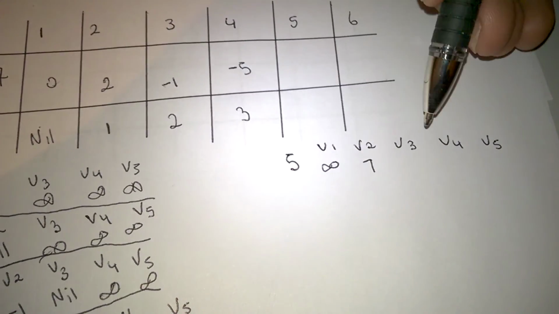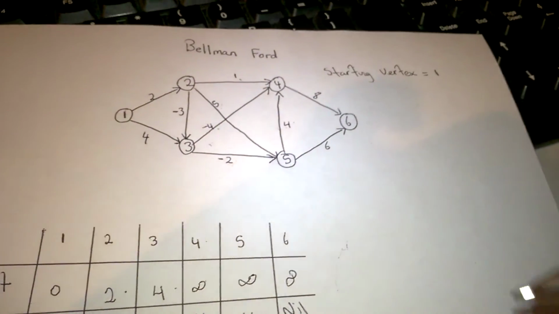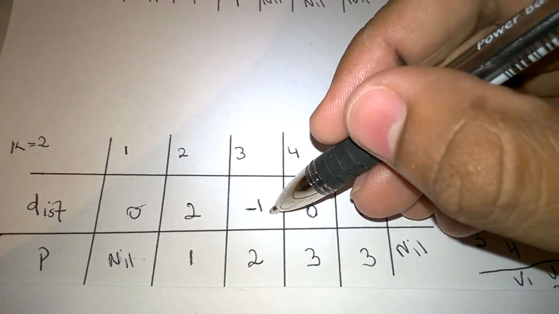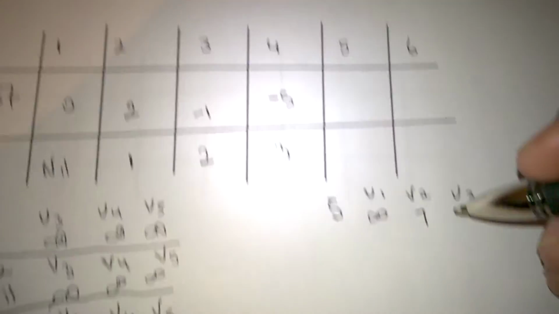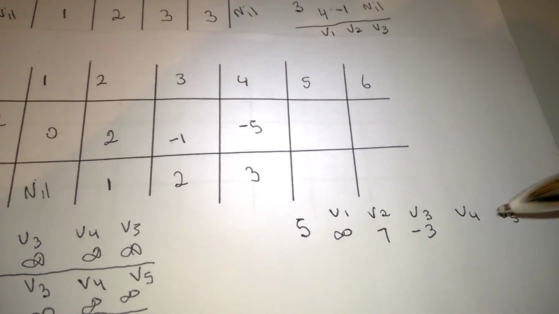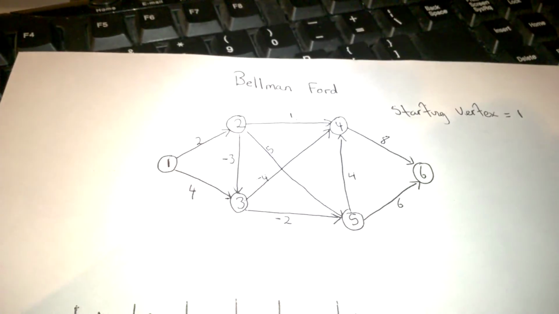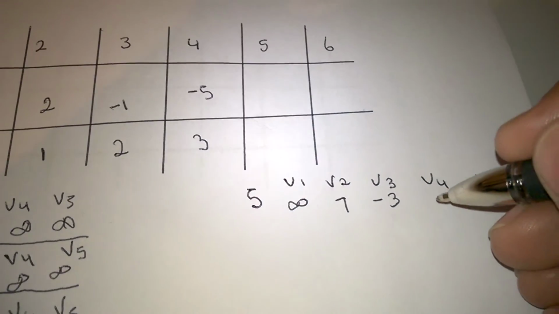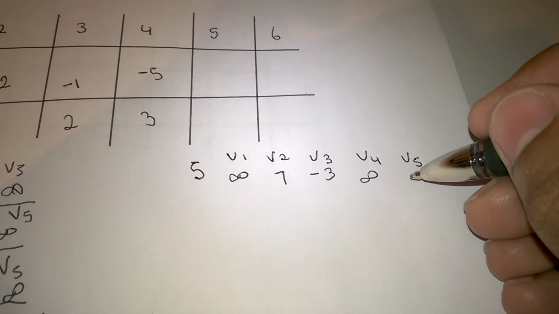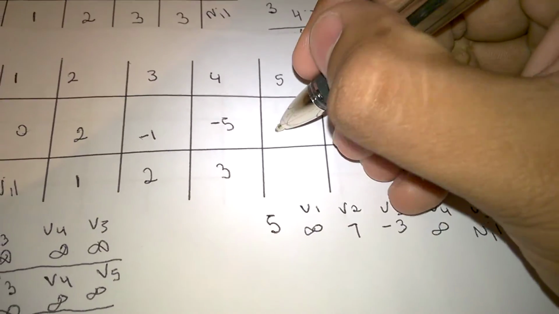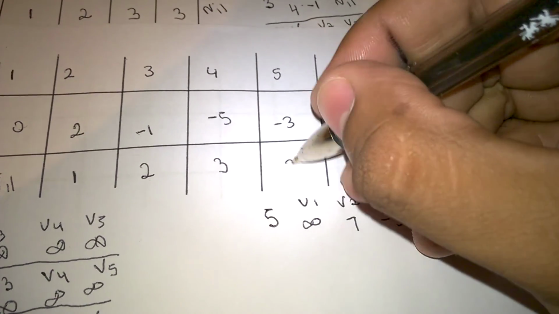Could we reach 5 from v3? Yeah, the cost is negative 2 plus negative 1, which is negative 3, right? Could we reach 5 from v4? No, we can't, so we put infinity. And 5 to 5, we put nil, right? Now we're going to choose the smallest, which is negative 3, and the parent is 3, right?